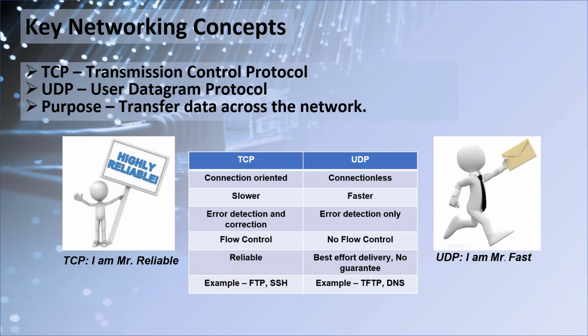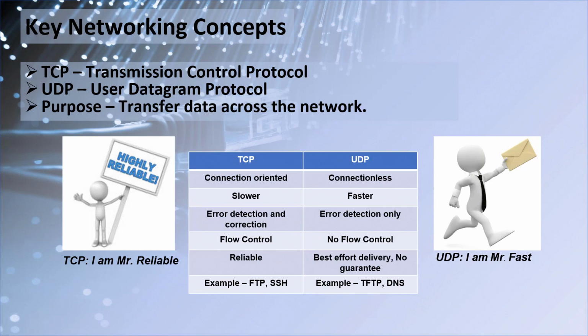TCP has the features of error detection and correction as well. UDP provides error detection, but it doesn't have the feature of error correction. TCP has the windowing feature to control the flow. UDP doesn't have any flow control feature. So TCP is reliable and UDP is fast.